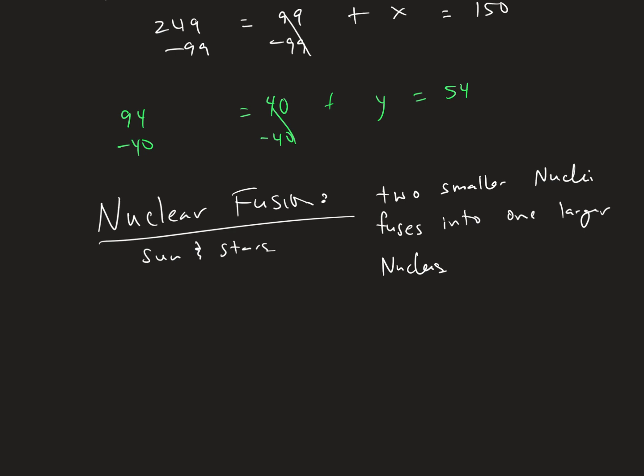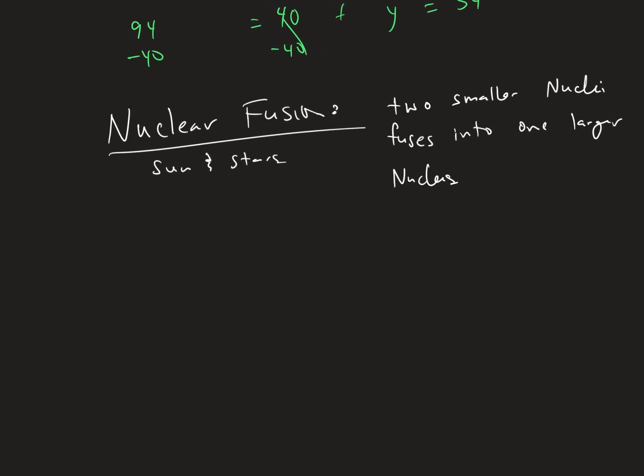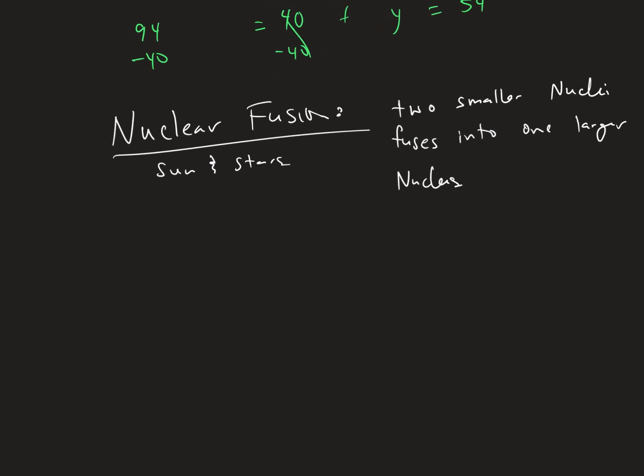So we take big elements on the periodic table to get fission, and we take small elements to get fusion. And not all isotopes will make fusion, not all isotopes will make fission.